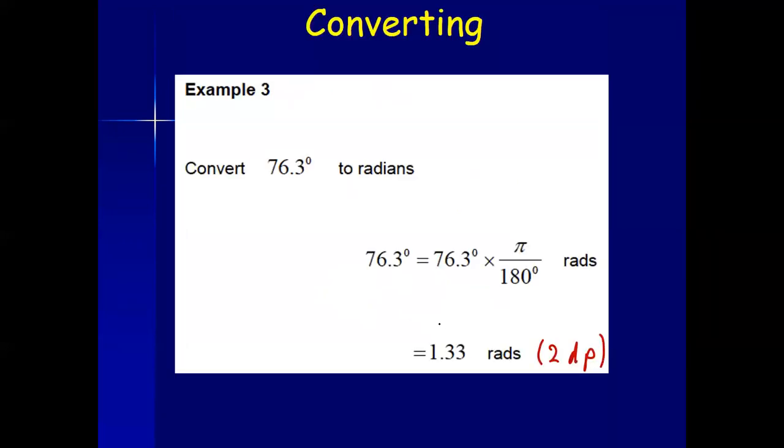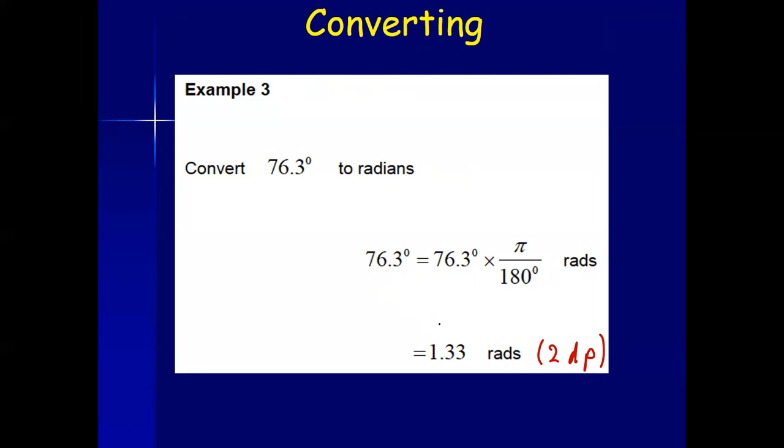So if it's a decimal, same thing, you use your calculator. So if you were to do 76.3 times pi divided by 180, the pi sign is shift and this button here, times 10 to the power of x, you can get pi straight away. If you do SD 1, 2, 3, it gives you 9 decimal places.